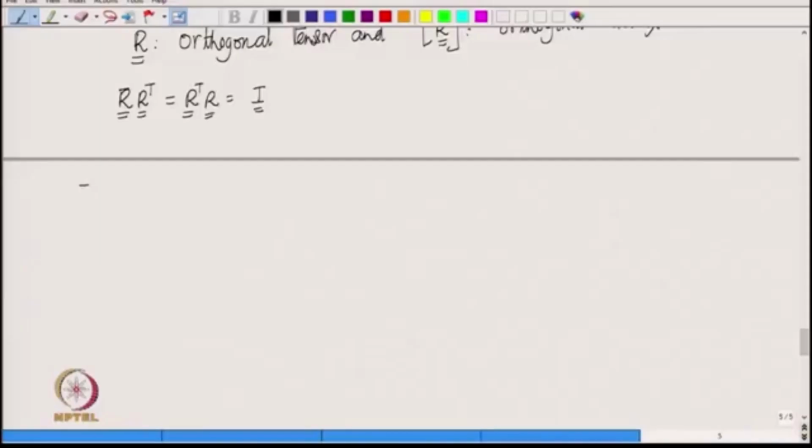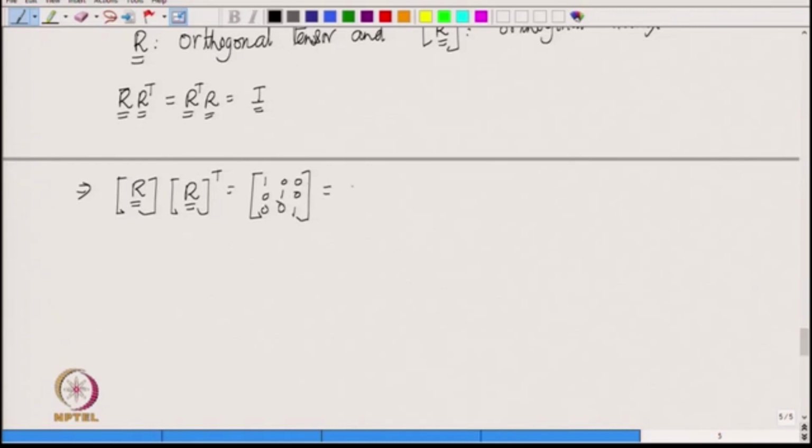What does this mean? So, if we look at the matrix form, then we have the R matrix multiplied with the transpose of the matrix, giving you identity, right, 1 1 1 and 0 elsewhere.